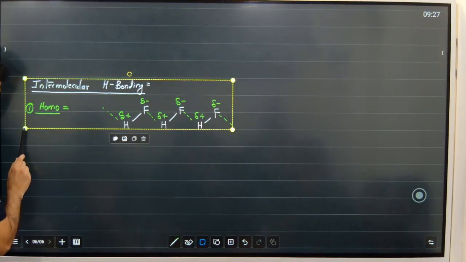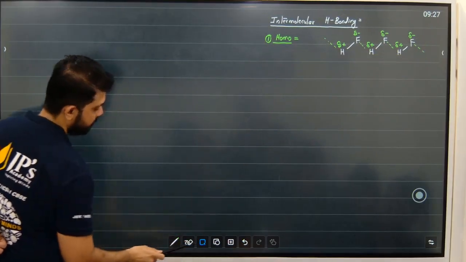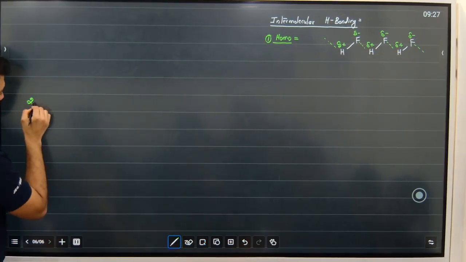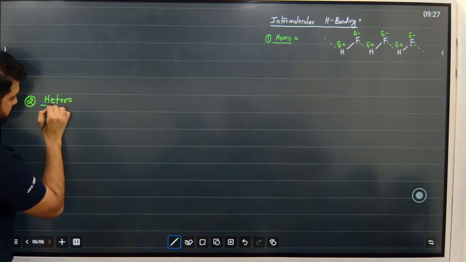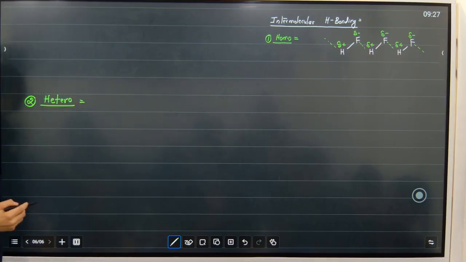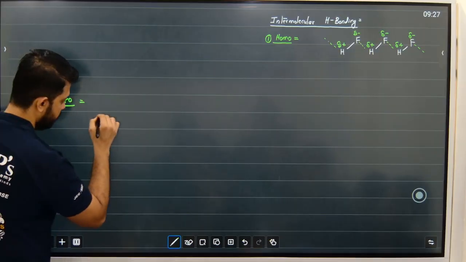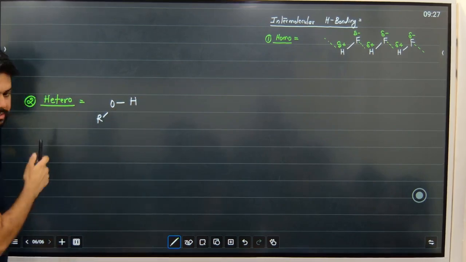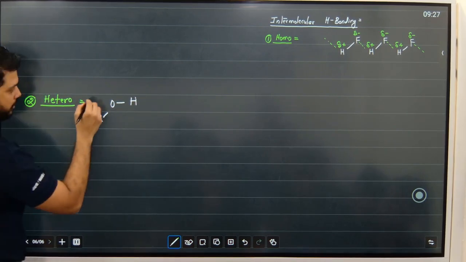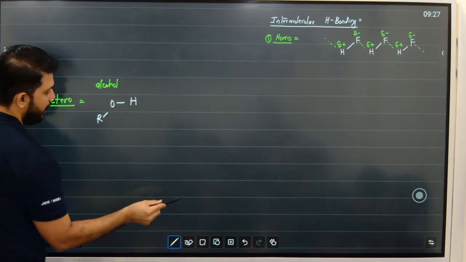What was the second type? Hetero. Chalo, let's understand what is hetero. It is hydrogen bonding between two different molecules. Two different molecules would be ROH, ROH stands for alcohol, and H2O.